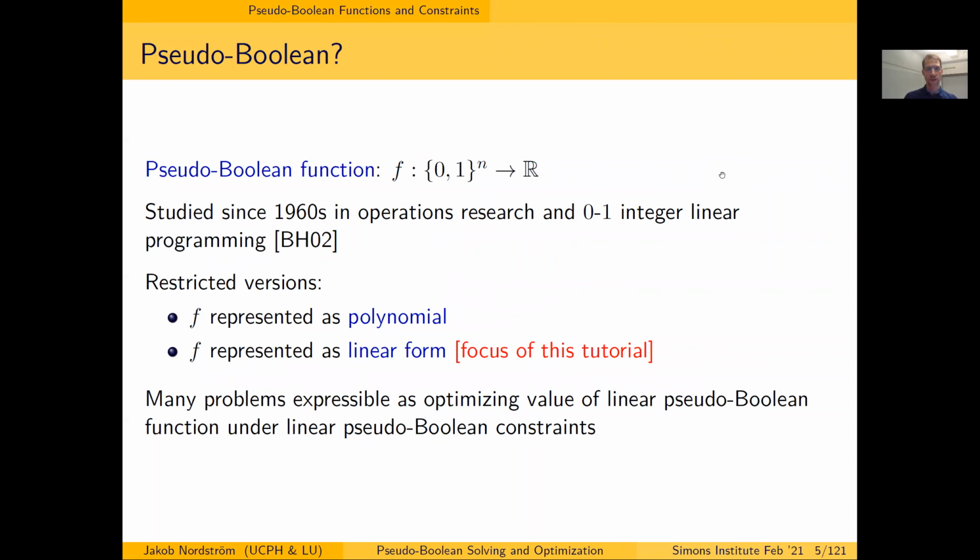And in fact, throughout this tutorial, we'll be even more restrictive and consider functions that are representable as linear forms. And it turns out that this is a rich formalism for expressing different kinds of optimization problems. So many problems can be described as optimizing some linear objective function under linear pseudo-Boolean constraints.